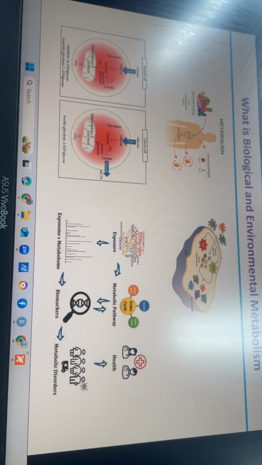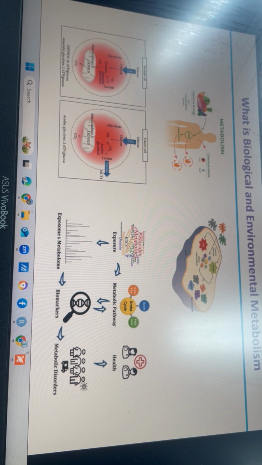Okay, in a normal cell, when you have glucose, it produces about 38 ATP, but in a cancer cell it only produces 2 ATP, because the cancer cell needs a lot of energy for overexpression and uncontrolled growth.